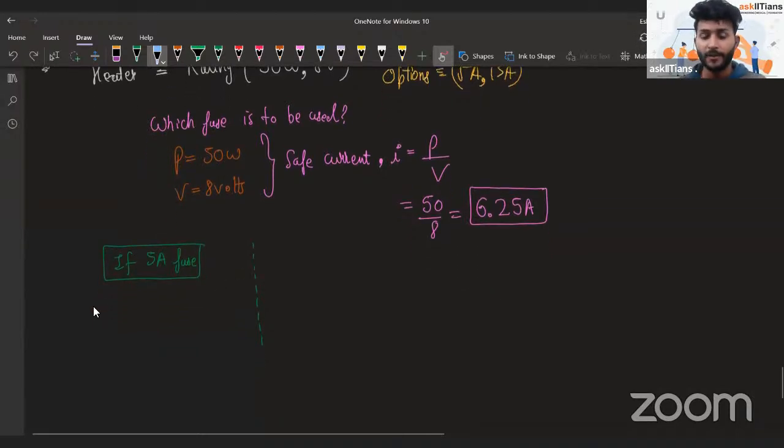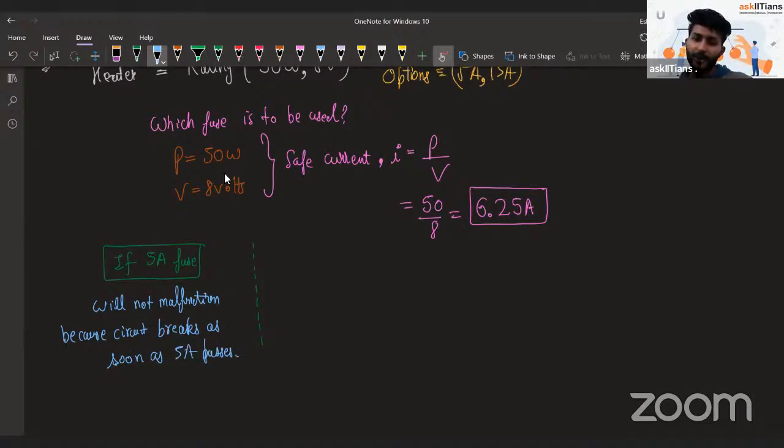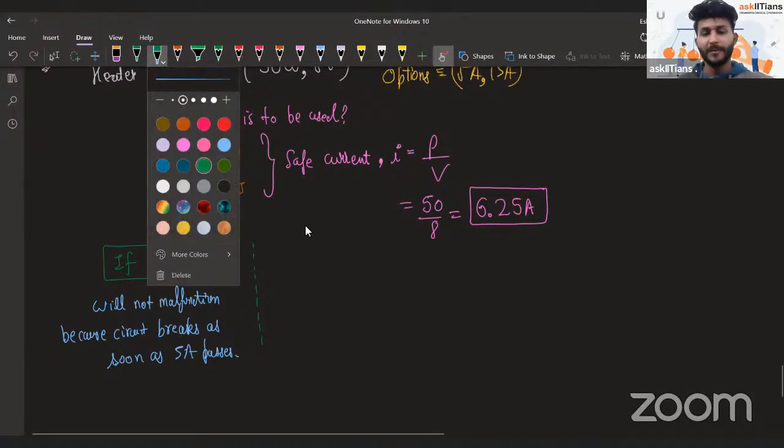It will not malfunction. Why? Because the circuit breaks as soon as 5 ampere passes. So the fuse will break, the heater will be fine.